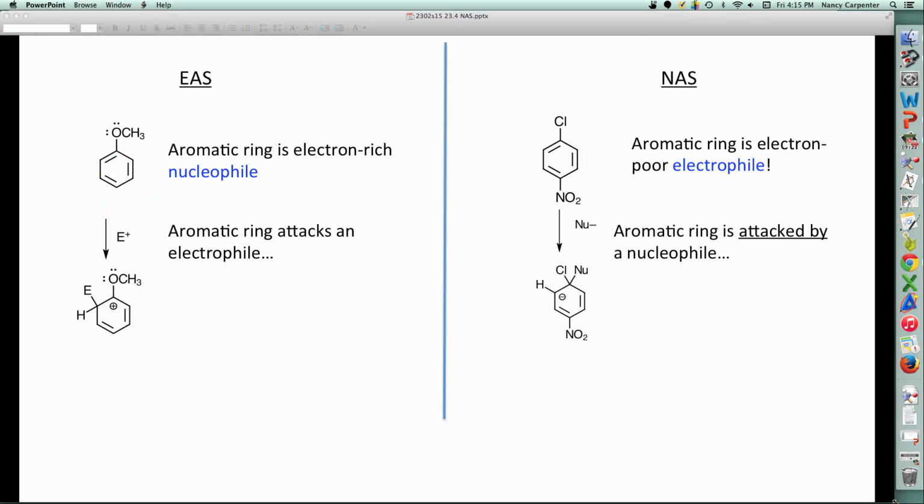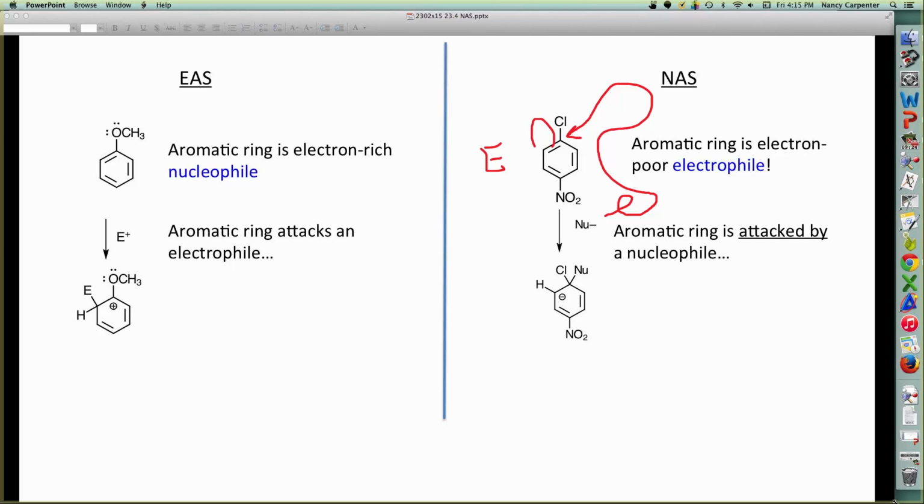Nucleophilic aromatic substitution, on the other hand, as we've already said, this guy is my electrophile, so I need to add a nucleophile. And what is it going to do? Well, it has to find an electrophilic center to attack. And it makes sense that it would attack a carbon that is electron poor.